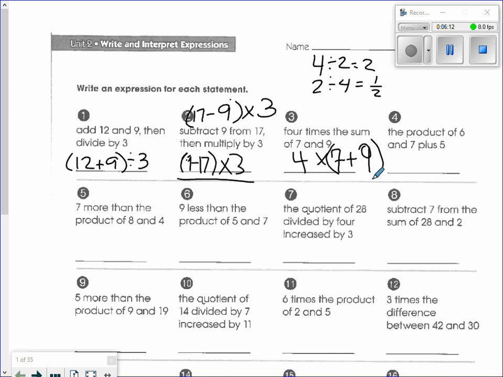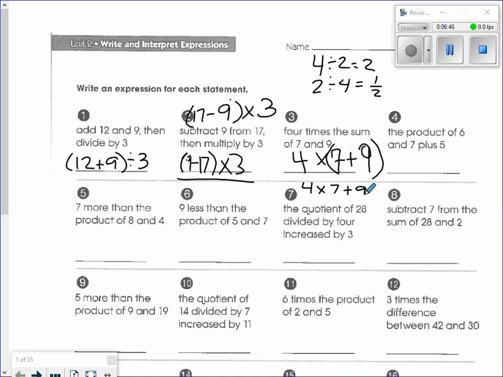Excellent. And again, it doesn't matter what side the 4 times goes on. It can go in the front or the back. And even the sum of 9 and 7, or 7 and 9, you can flip these. However, if you just did 4 times 7 plus 9 without the parentheses, you would not get the same answer, because it would make you multiply first.